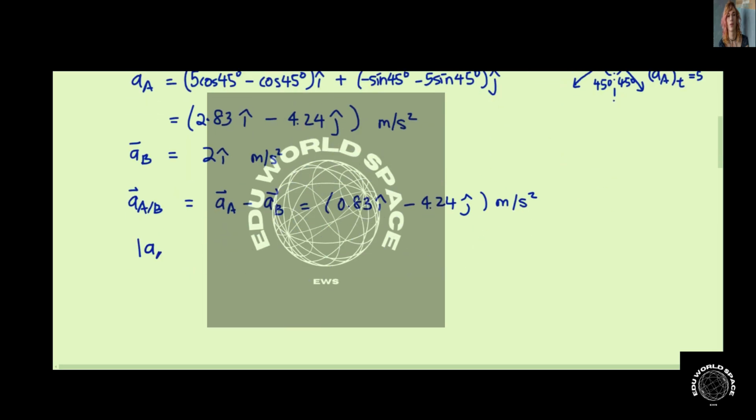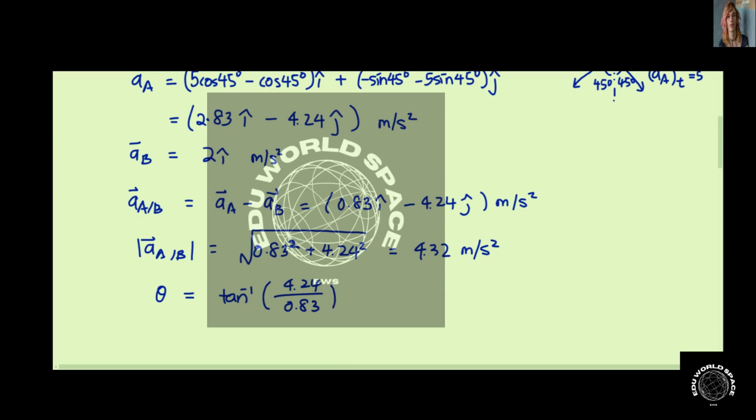So the magnitude is equal to the square root of 0.83 squared plus 4.24 squared, and you get 4.32 meters per second square. And then the angle theta is arctangent of the y component 4.24 divided by the x component 0.83, which gives 79.0 degrees.